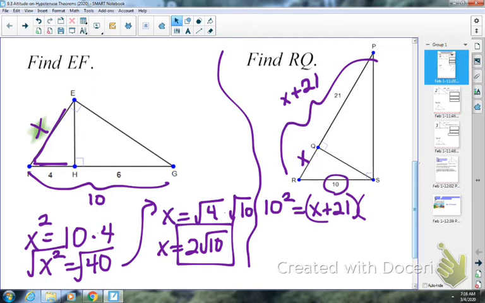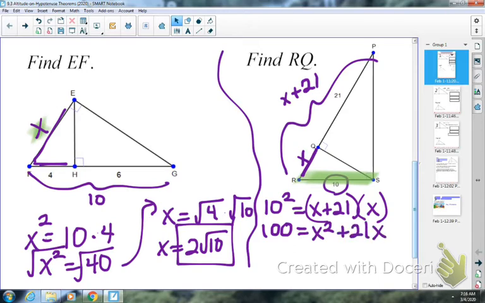So the shadow of the leg would be this x here, or out of the two pieces, x and 21, the x is the one closer to the leg of 10. So if we multiply this out, we're going to have 100 equals x squared plus 21x.